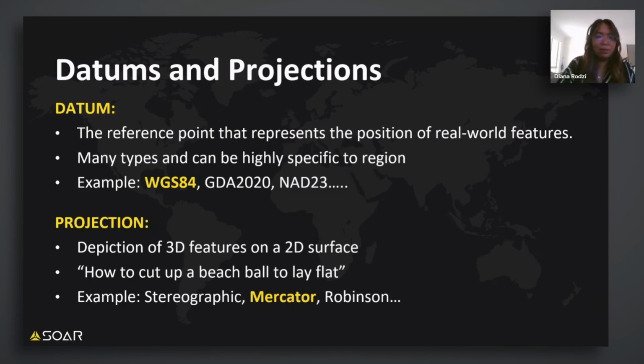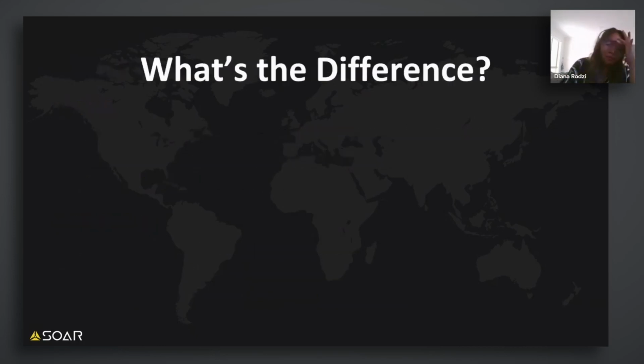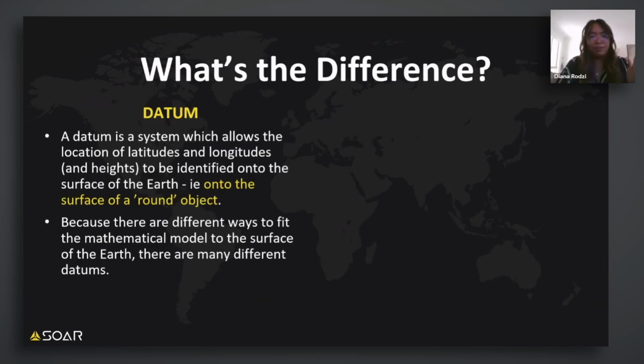Now, you'll probably be thinking, what is the difference? They both seem like they're saying the same thing. They're trying to describe a map of a round thing on a flat thing, you know? Well, datum specifically is trying to give some form of location onto the surface of a round object.